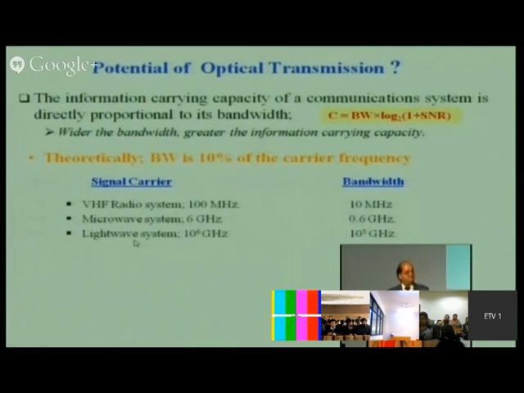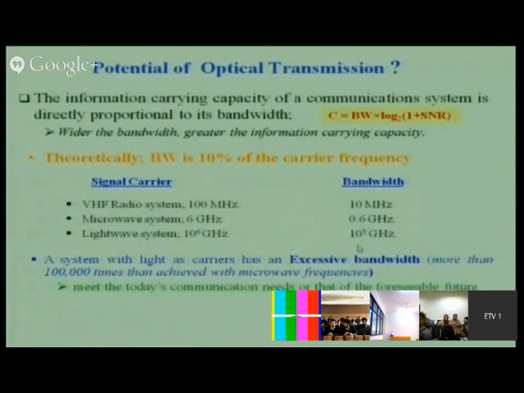Light wave systems work at 10 to the power 6 gigahertz, so the bandwidth is around 10 to the power 5 gigahertz. That is around 10 to the power 4 to 10 to the power 5 times more than radio and microwave systems. A lightwave system has excessive bandwidth, more than 100,000 times more than microwave frequencies. So it is a huge bandwidth.